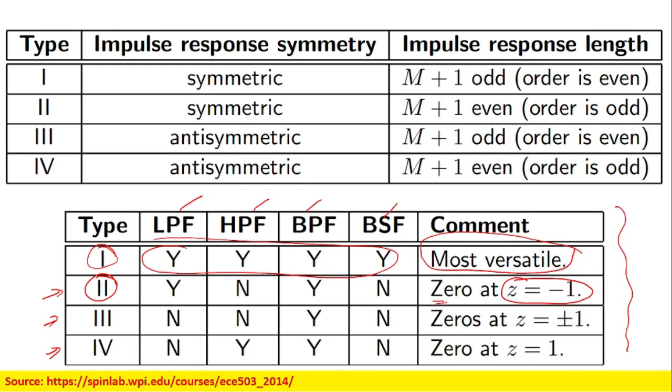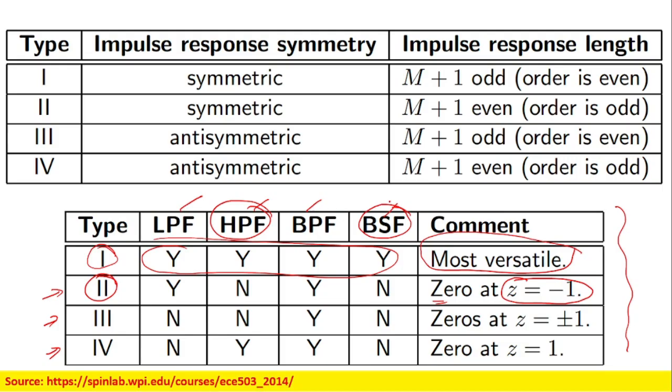That means you will not be able to design high pass filter plus band stop filter. Because in band stop filter, what is happening? It is a combination of low pass filter and a high pass filter, and in between you have a dead zone where there will be no signal component passing through. So because you have a 0 at z equals minus 1, you will not be able to design high pass filter and band stop filter.